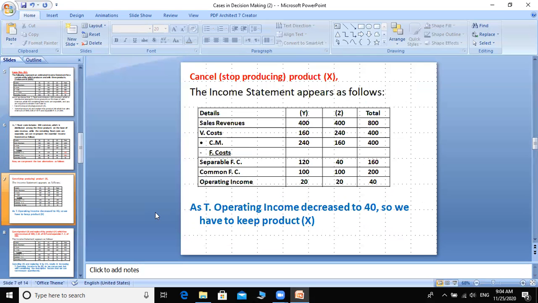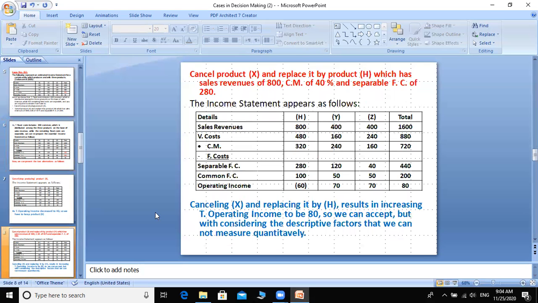The second choice: cancel X and replace it by H, which has a sales revenue of 800, contribution margin 40%, and separable fixed cost of 280. Now, this is a new column called H instead of X. It has 800 sales. Contribution margin 40% means 320.